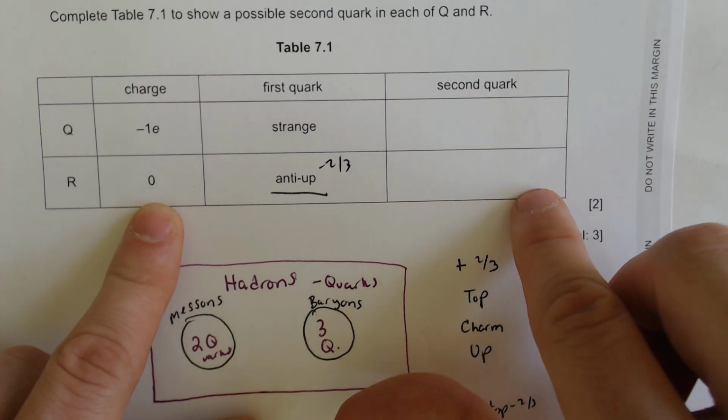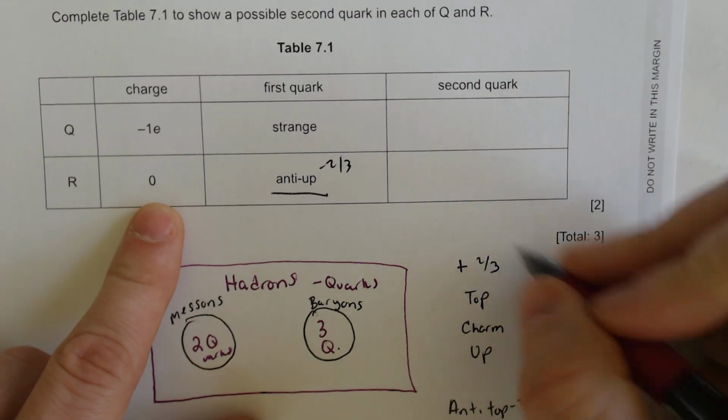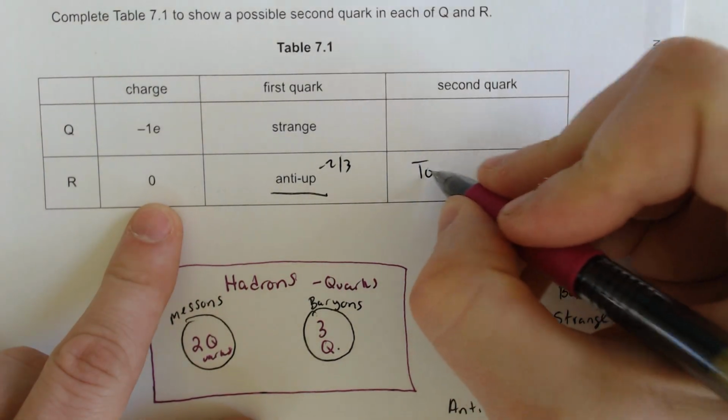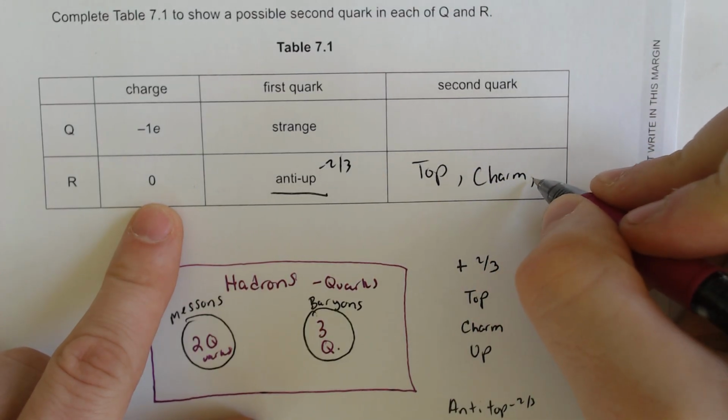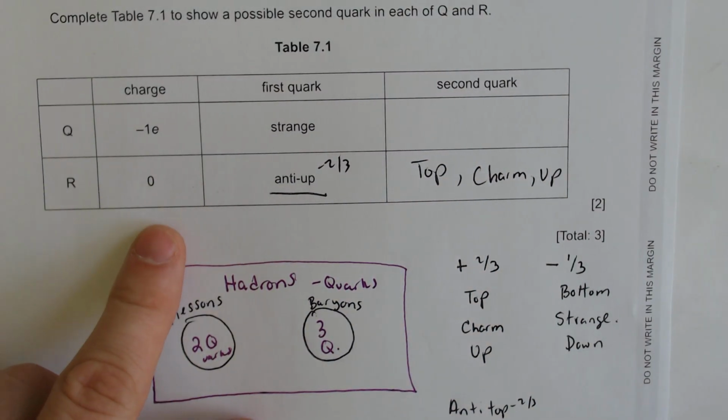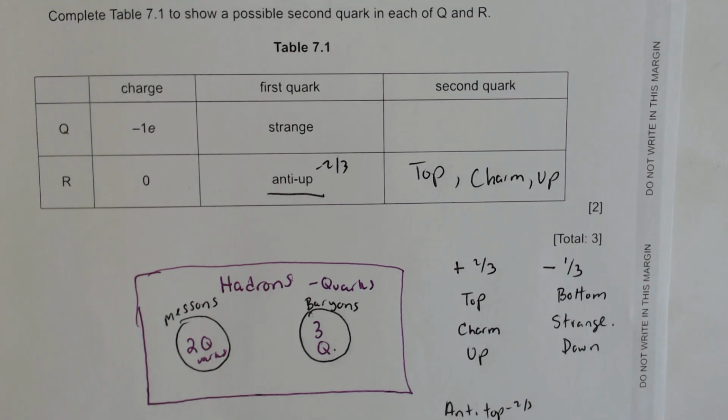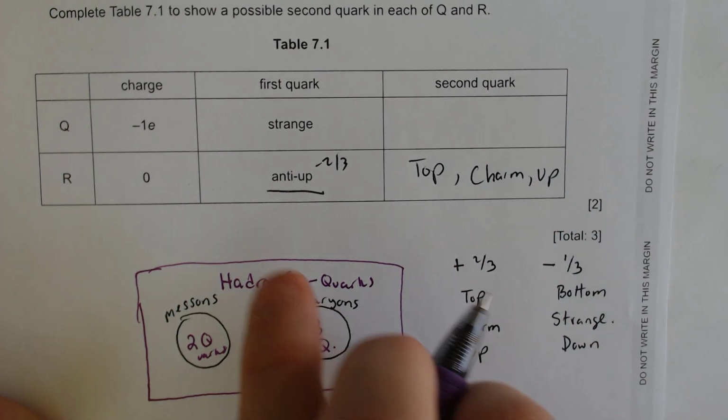What other quark could make that happen? It could be any of these +2/3, which means it could be a top, a charm, or an up. Any of those 3 would work, and you should only write one. Do not write all 3. So that one is done.